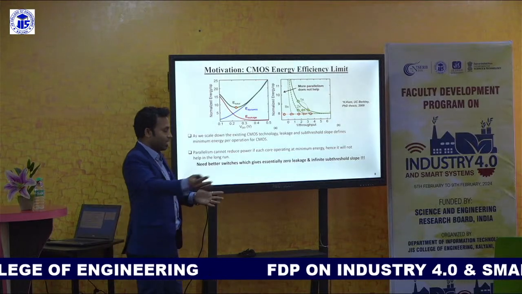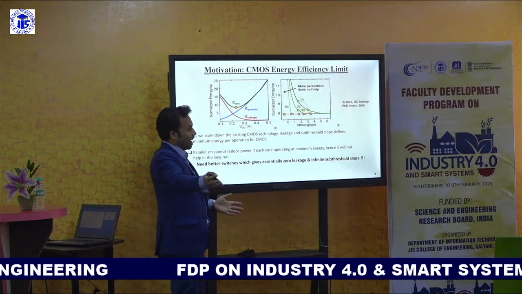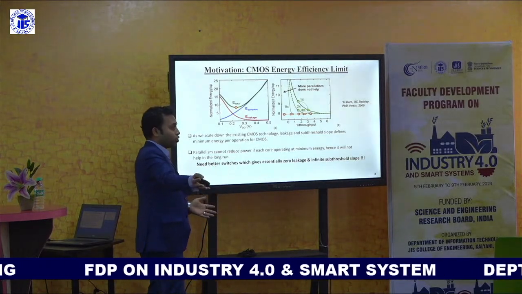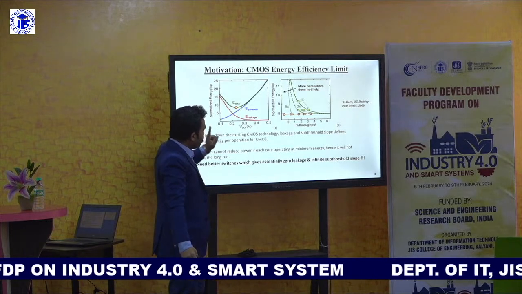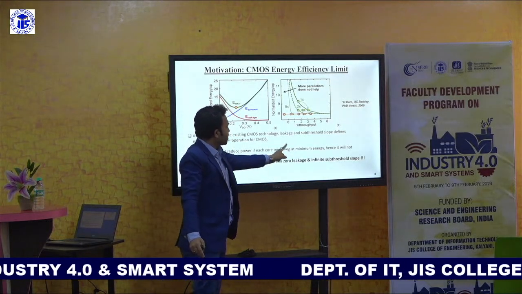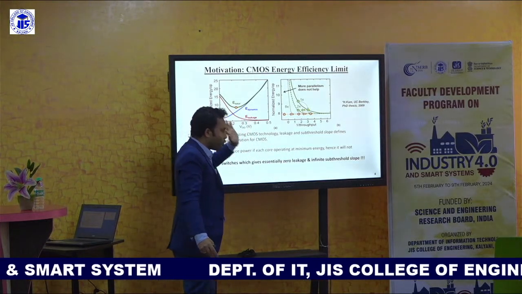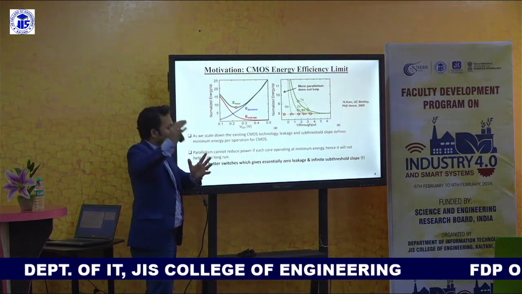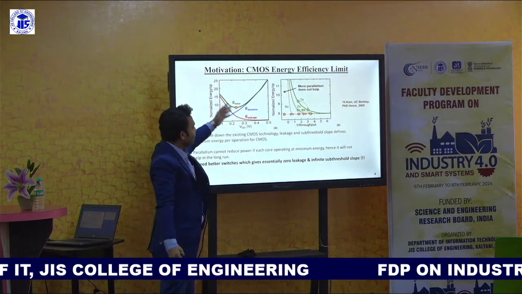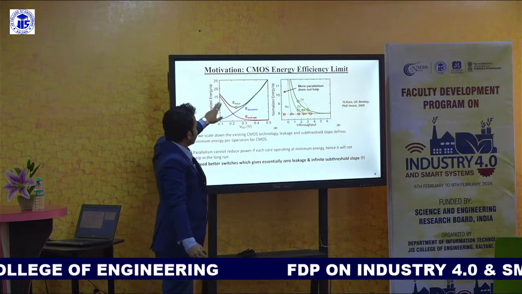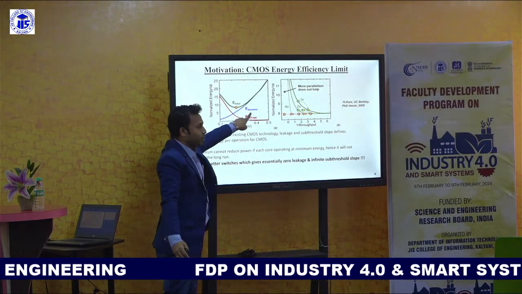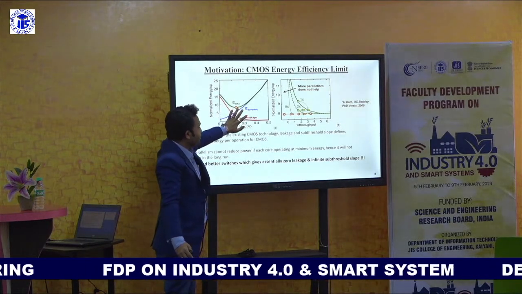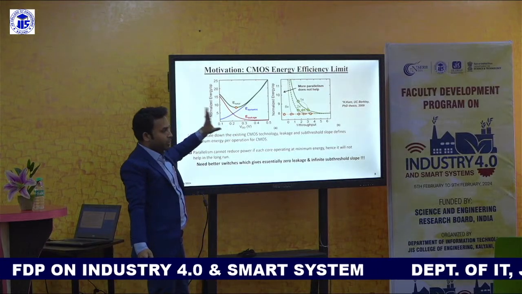Intel has now introduced i7, and I think i9 also came. So if each core draws, suppose, 1 picoampere, then multiplied by that number of cores, it will draw 1 milliampere of current, and that will be huge compared to the dynamic power. So that is the dominating factor. How to reduce that?